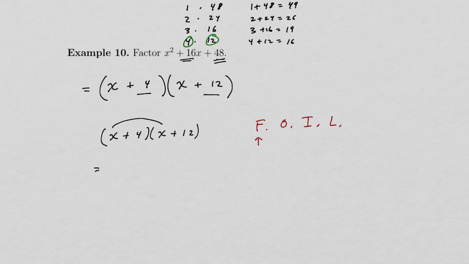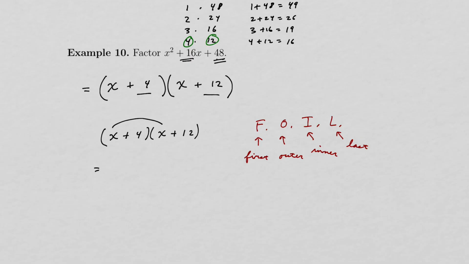So this is first, this is outer or outside, let's call it outer, inner is the I, and last. It's just to remind you, right? It's an acronym here, or really a mnemonic to remind you how to do this.